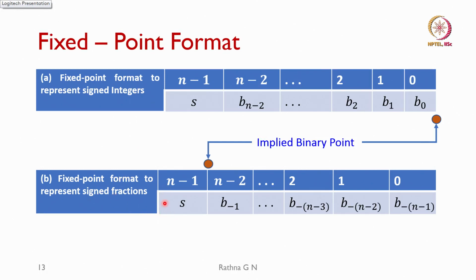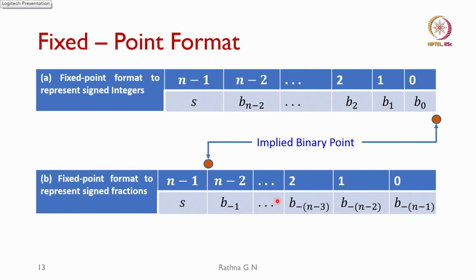I have the sign bit and immediately after it there is what we assume to be a decimal point. Since it does not have any bit allocation, to save bits for the rest of the numbers, we assume that it is immediately after our sign bit.